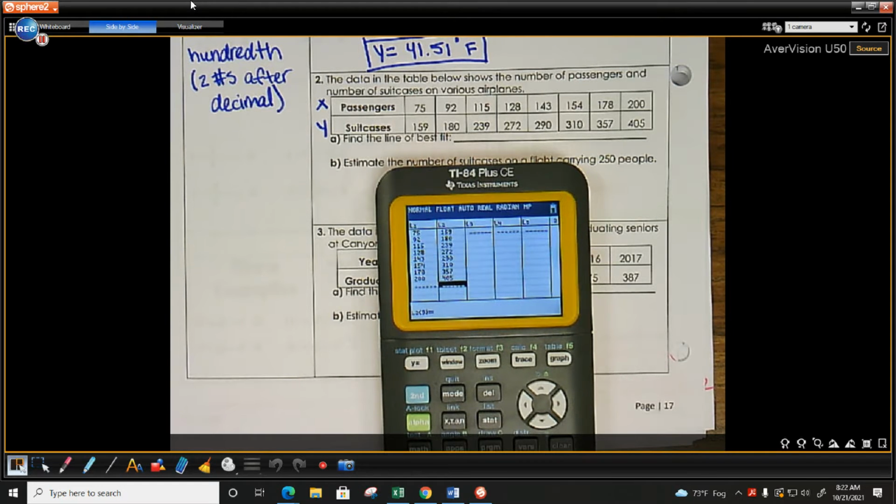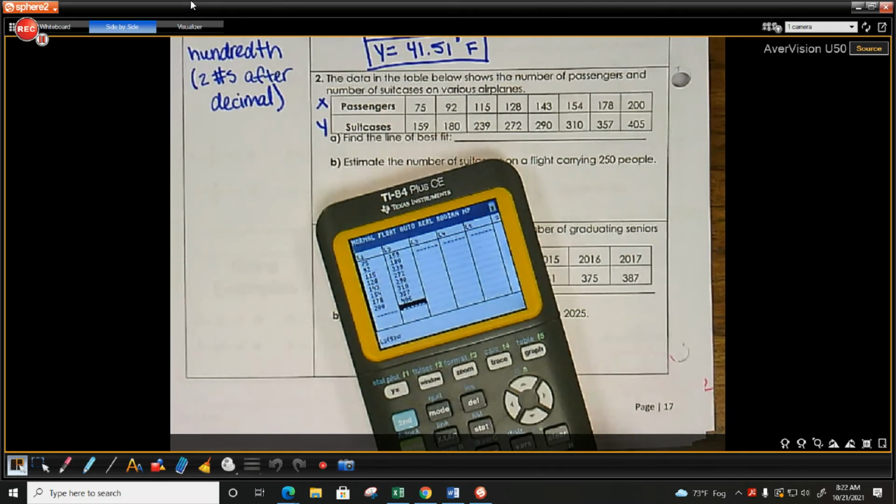Okay, they should be the same length. What do we do now? Directions are up at the top. What do we do now?